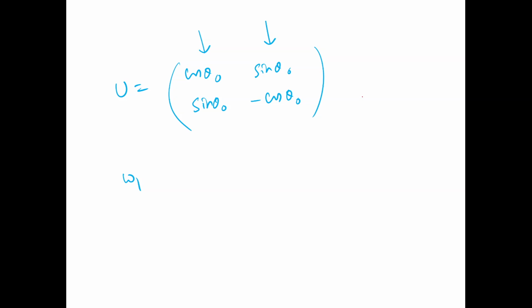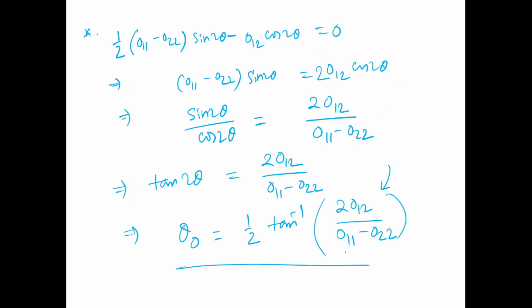The variational theorem says that if you solve variationally, so if you start with a trial function and keep varying the parameter until you get the minimum, then your eigenvalue is greater than or equal to the exact one. So we got the exact one because we started with the exact eigenvector, cos theta sin theta. That's why we got this solution.